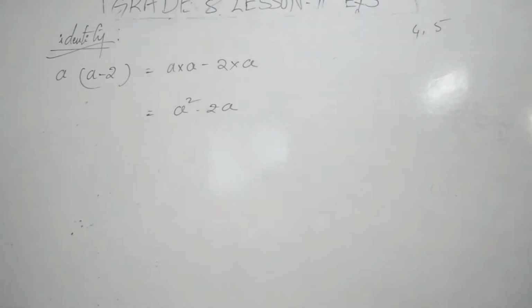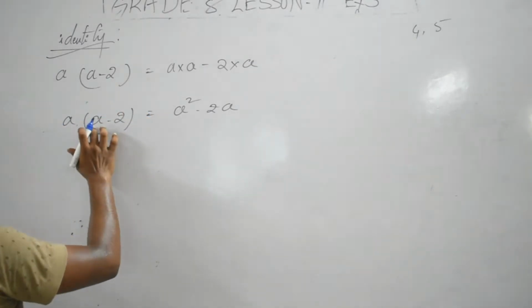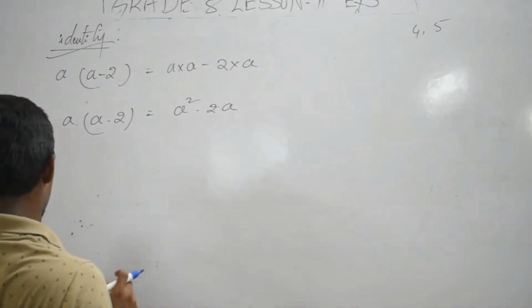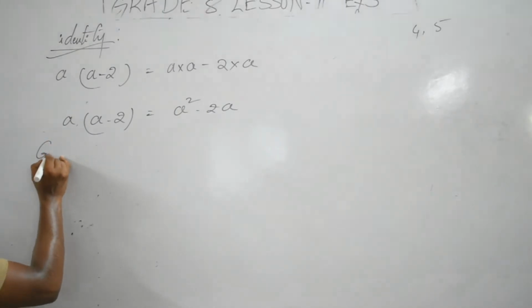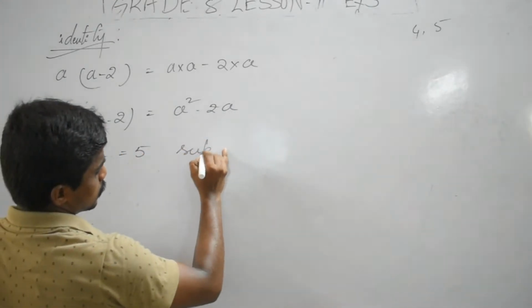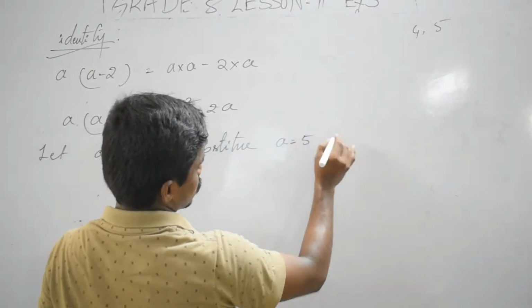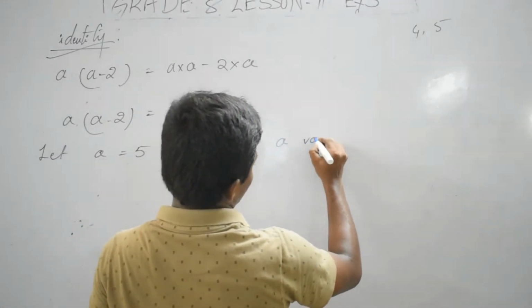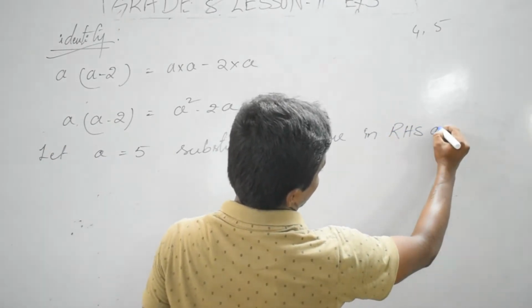Here let a equal to 5. So a times a minus 2 equals a square minus 2a. Given a, let the value of a be 5, so substitute the a value in RHS and LHS.